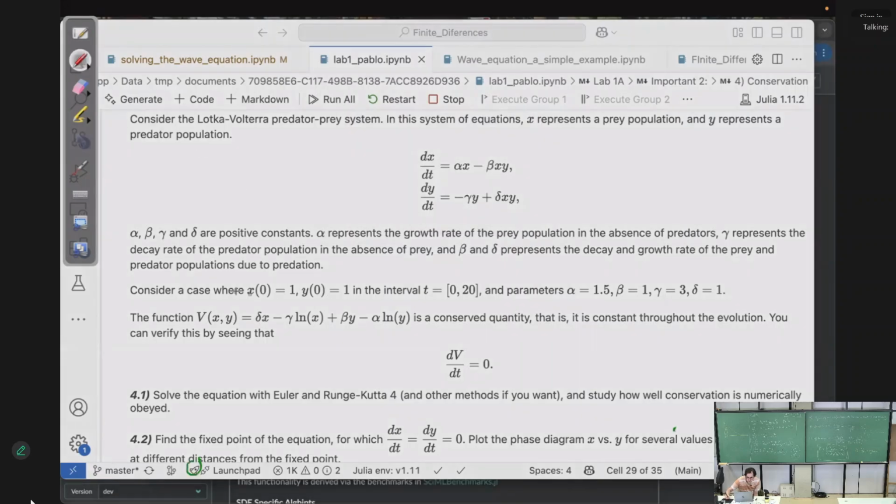Okay, so V of x, y equals delta x minus gamma natural logarithm of x plus beta y minus alpha natural logarithm of y.